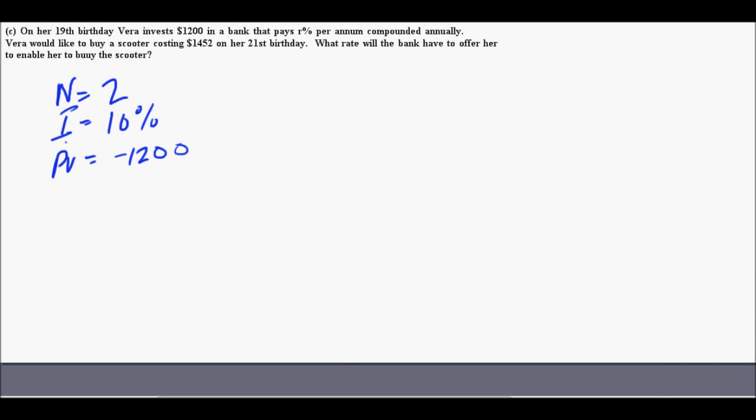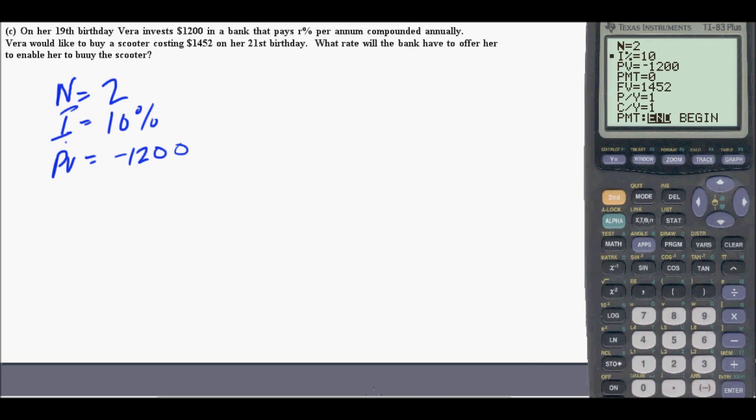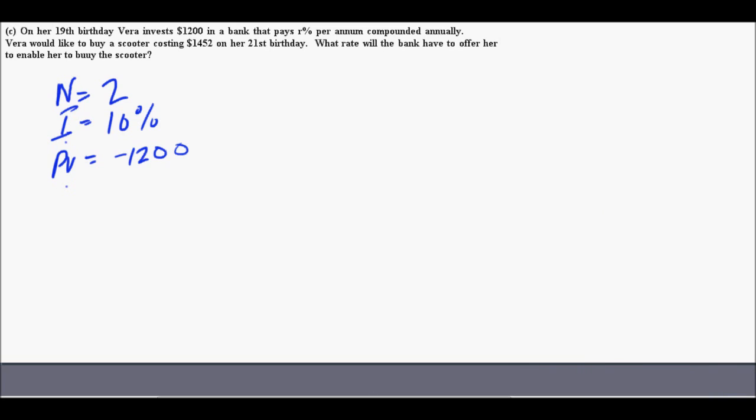Payment is always going to be 0. And then the future value is how much money she wants, 1452. Payments yearly, which is just 1, and compounded yearly.